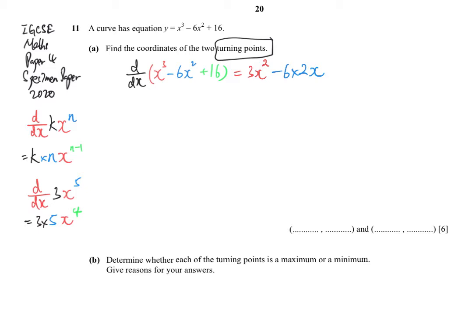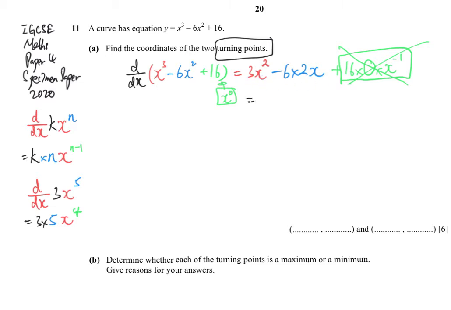You can think of it as 16 times x to the power 0, so you multiply by 0, and then x to the power 0 minus 1 is -1. But you have 0 here, and when you multiply anything with 0, you get nothing. So for any constant term, when you differentiate it, you get 0, and you can just remove it. So this will be the answer.